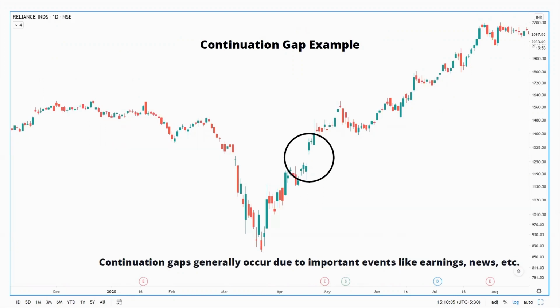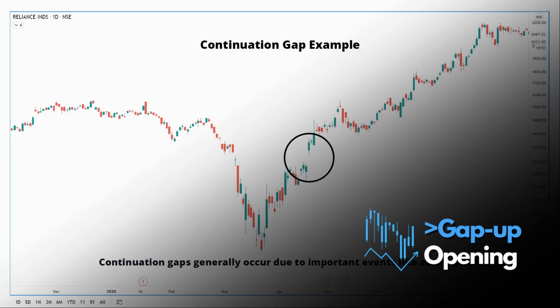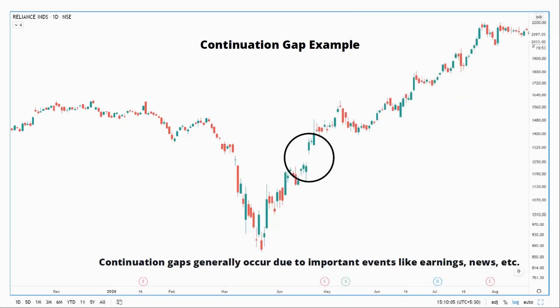Whenever that news comes out, if it's positively impacting that sector, you may see stocks in that sector make a gap up opening also. So there could be some information that could be there.